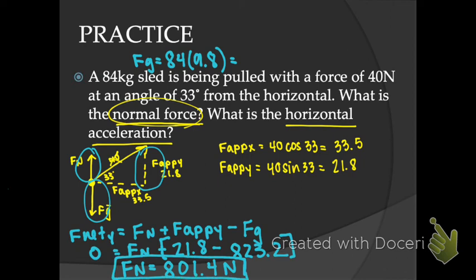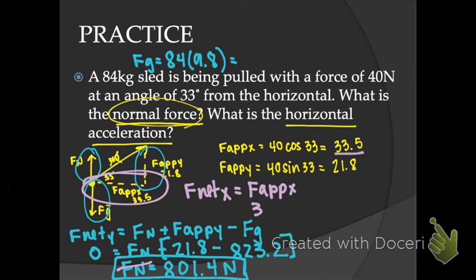Now for our horizontal acceleration. I need to use my horizontal forces, which I think I just have one of. So I'm going to say F net in the x direction is equal to F applied x. F applied x is 33.5. And then what can I substitute in right here for the net force?